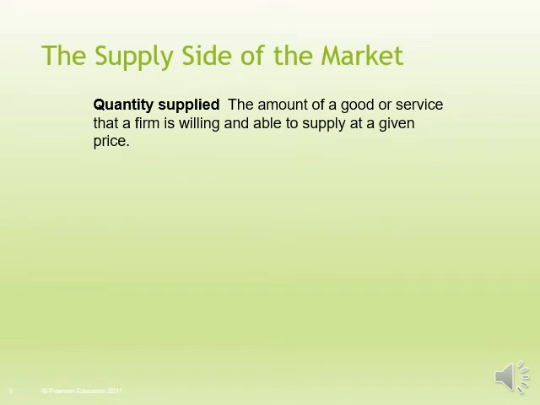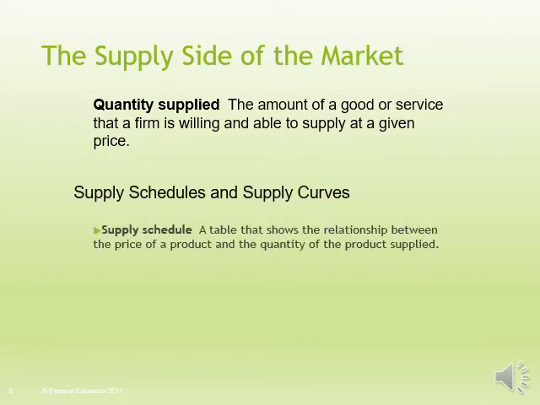So first off, we need to get familiar with certain terms. So remember, last time we talked about the difference between demand and quantity demanded. Demand is the curve itself, whereas quantity demanded is the point on the curve and its subsequent x-axis value.